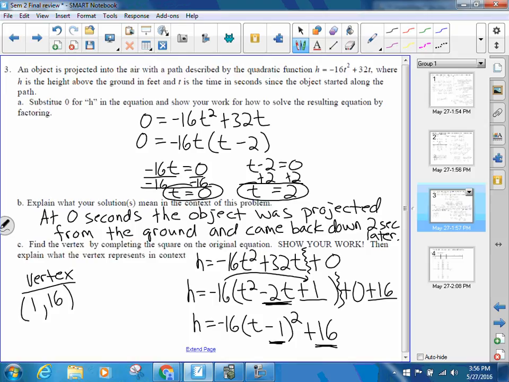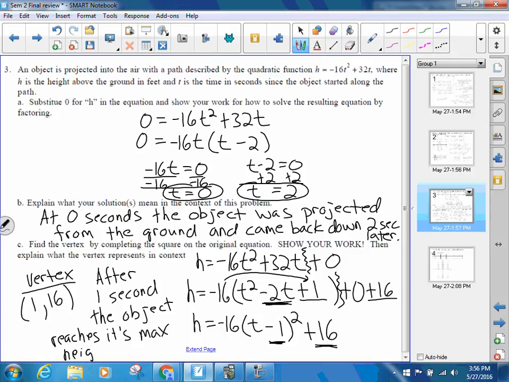Now what that means is after 1 second, the object reaches its max height of 16 feet.